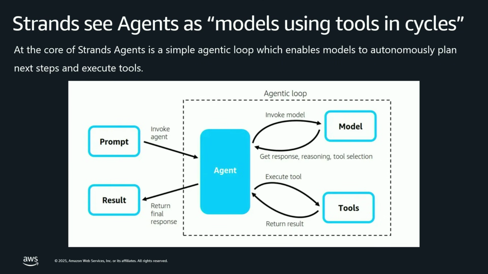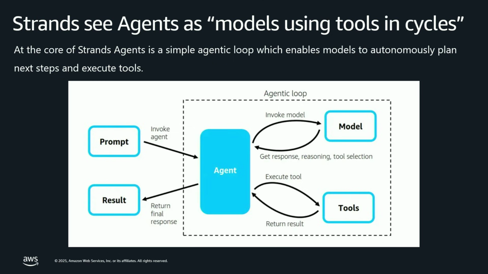Given prompt, tool, and model at a high level, in order to execute a task, Strands agents perform the following steps. The model receives the prompt and context and documentation about the available tools. Then the model analyzes and decides whether to respond in natural language, follow a series of steps, or select and use one or more tools.